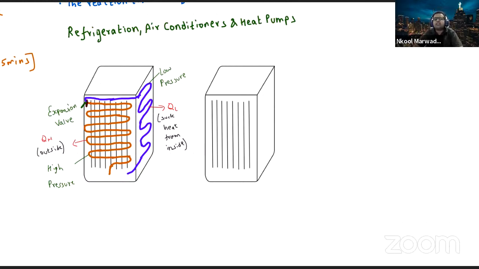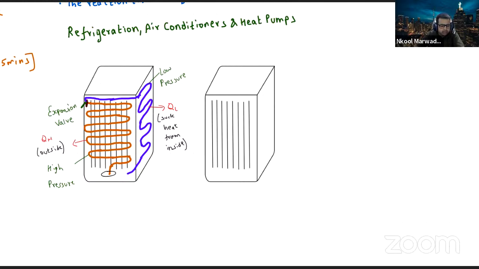Now, in order to maintain this pressure difference, some device will be employed, and that we call the compressor. And that compressor needs electricity to work. It cannot work on its own. It needs electricity to maintain the pressure difference. So here I have a compressor.